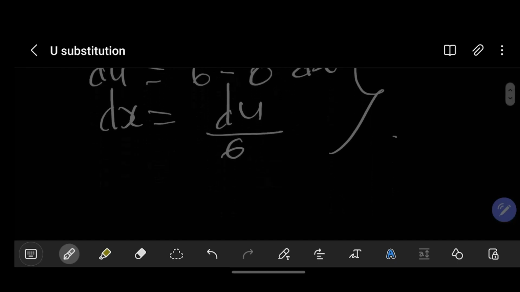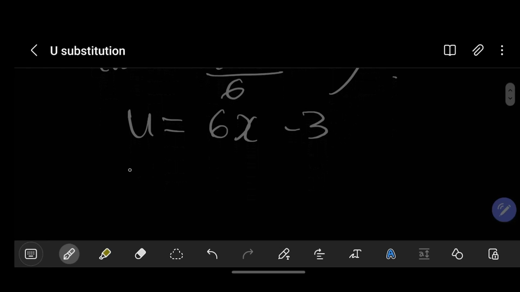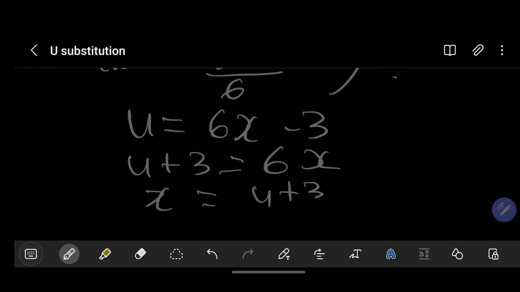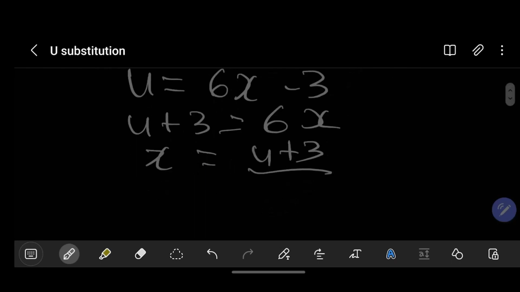So we have u is equal to 6x minus 3, u plus 3 is equal to 6x. So x is then equal to u plus 3 all divided by 6, which is the same thing as writing 1 by 6 into u plus 3.